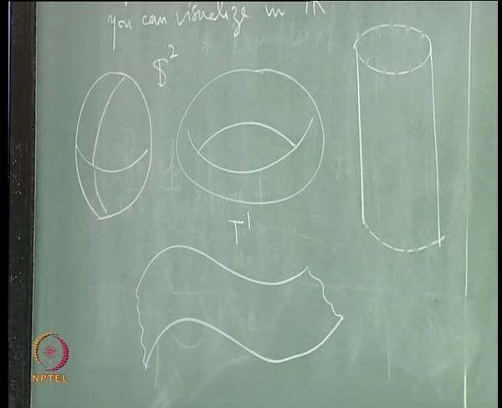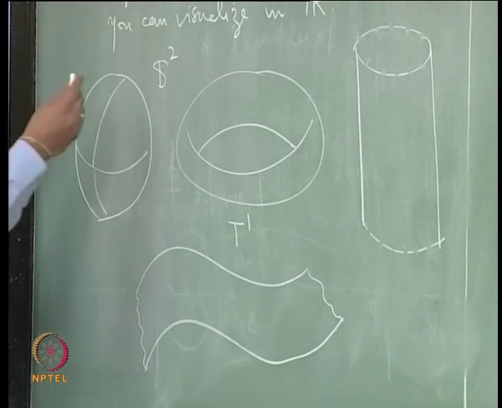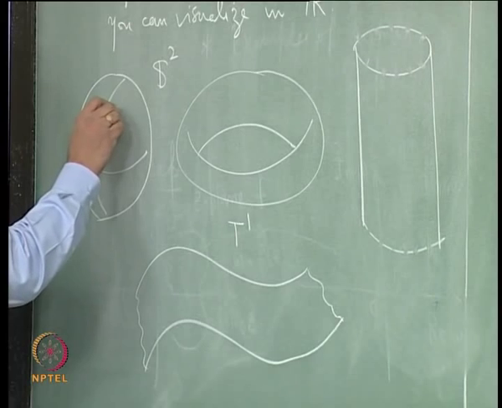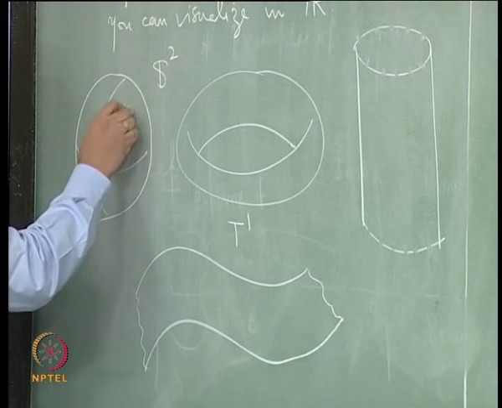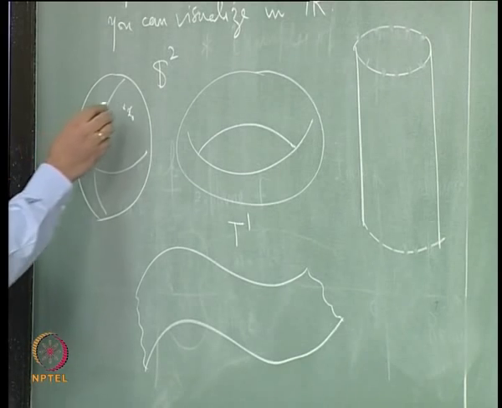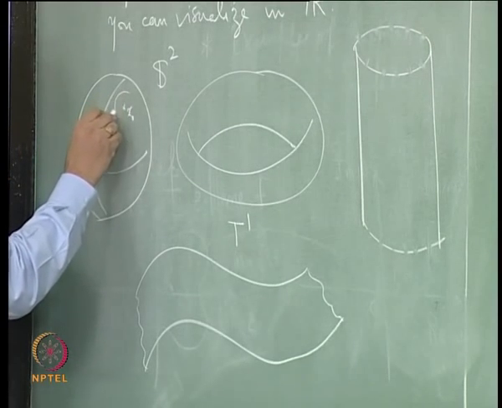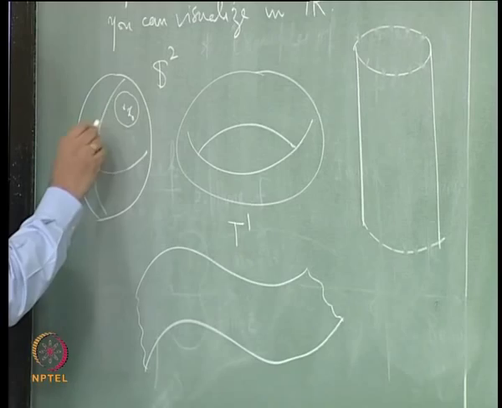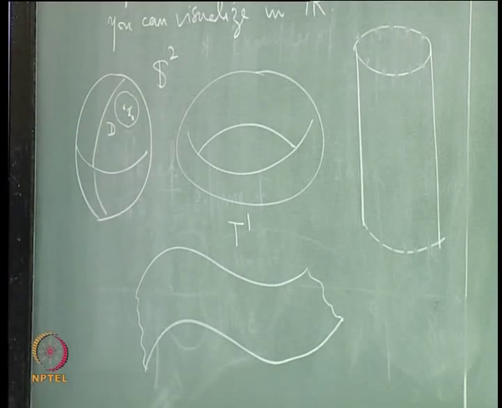And what is it that I want to do? It is the following. Suppose I'm given a point x0 on that surface, okay, and suppose I am given a small neighborhood of that point which looks like a disk, okay.